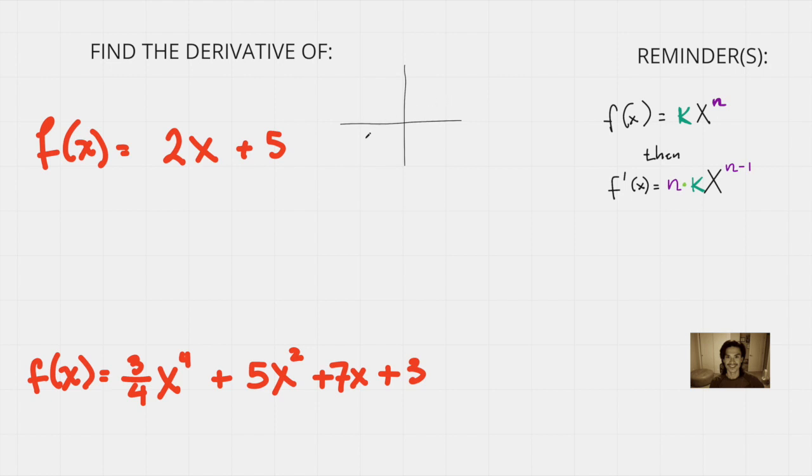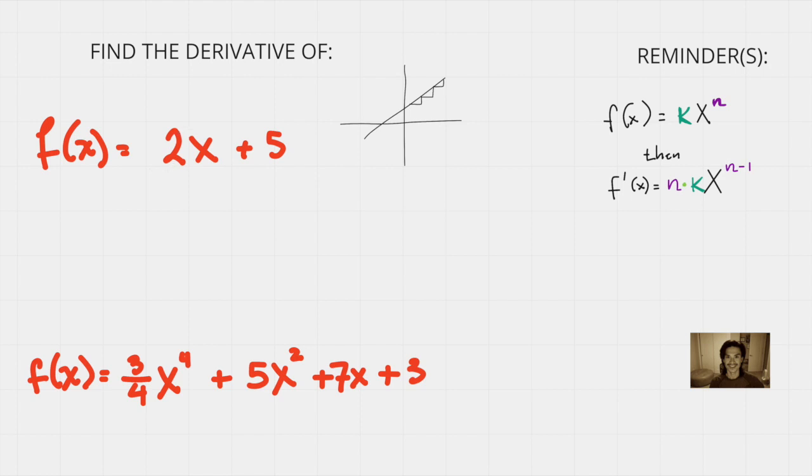At any point on a linear function, the slope is always the same. And we can test that by using the derivative rule for a polynomial. As you can see in this case, we know that the slope is 2, based on the linear function here. But let's see if that is true.